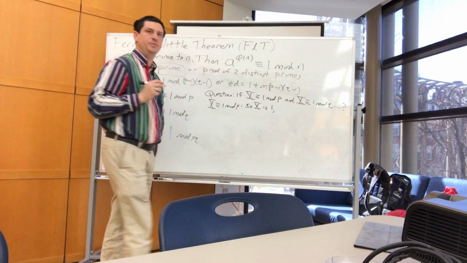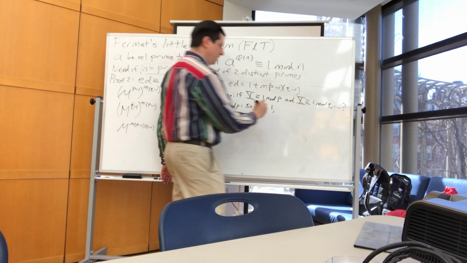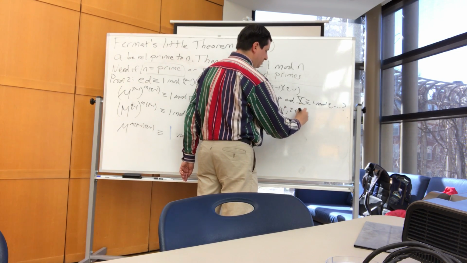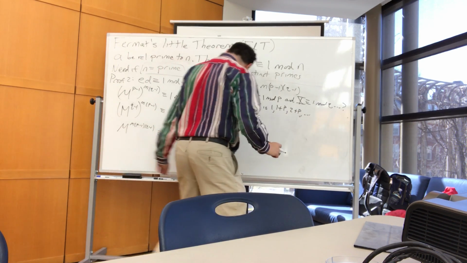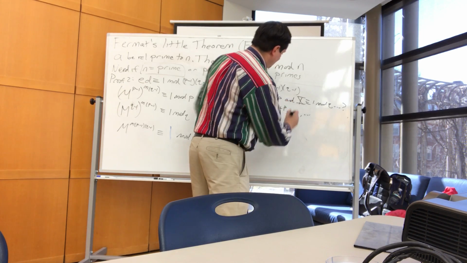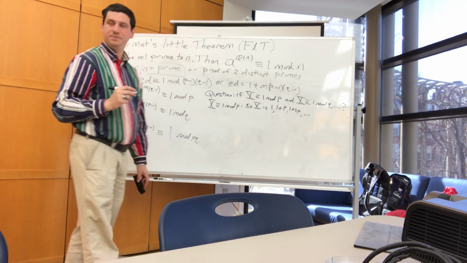What's the next possibility? 1 plus p. What's the next possibility? 1 plus 2p. So it's 1 plus a multiple of p.